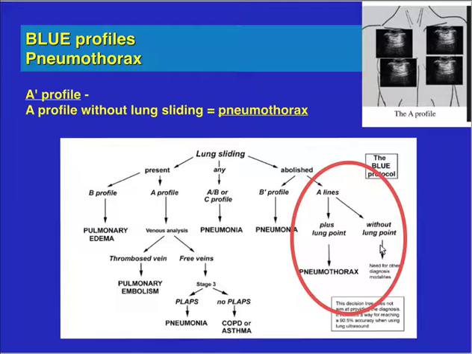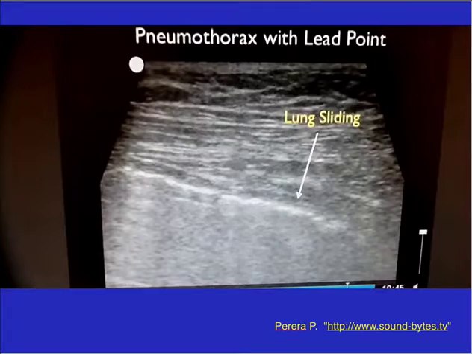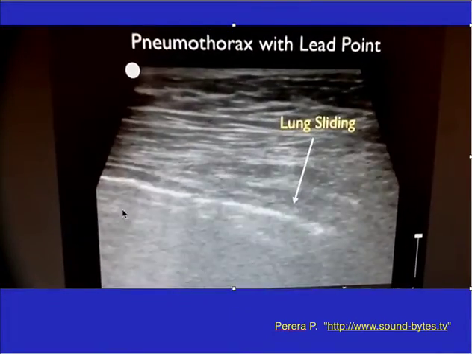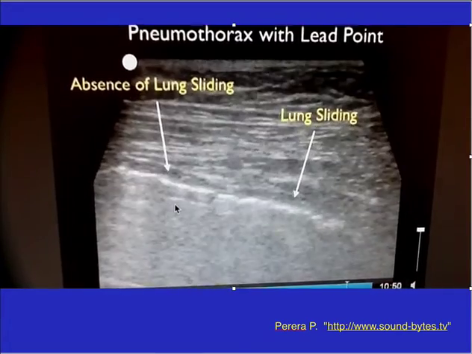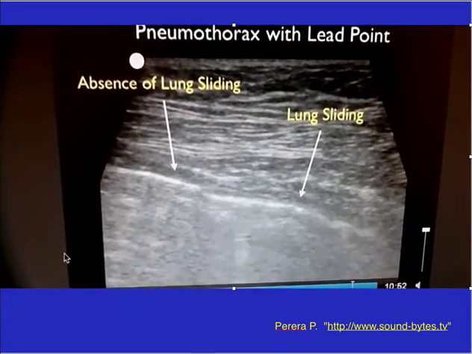Sometimes you can even have ARDS and a few other things without B lines, or the patient is apneic or mainstem intubated. Refer to the pneumothorax lecture for that. But just as a summary, here's a pneumothorax with a lung point, where you see absence of lung sliding on this side, and you see positive lung sliding on this side.